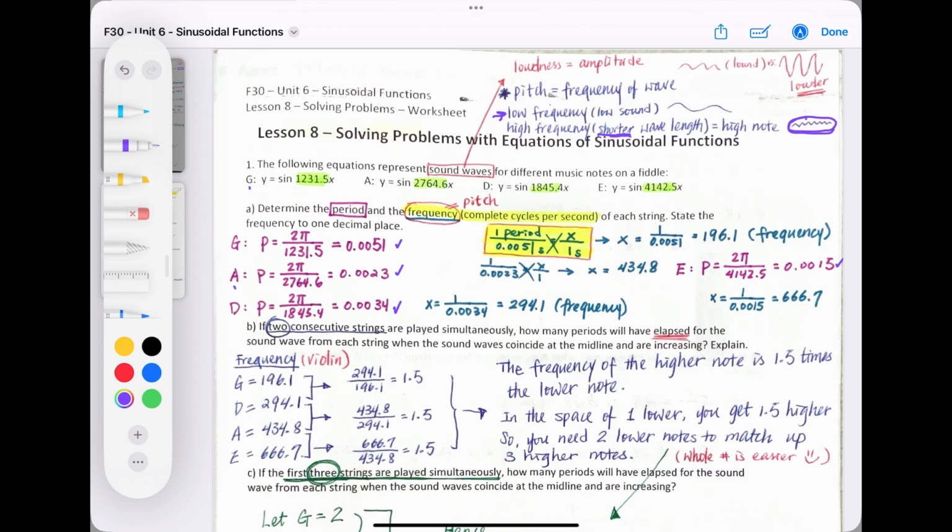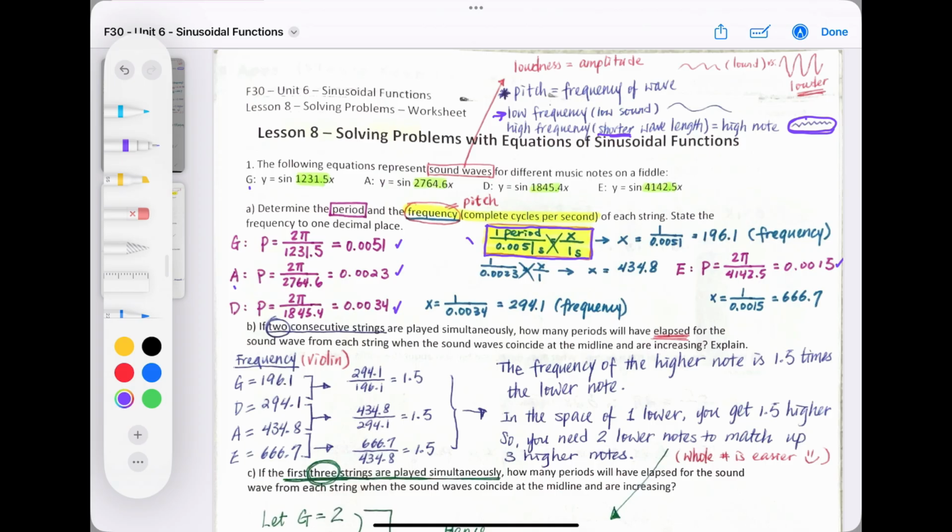Good. Now, for the music theory, you may say that the pitch, the frequency, means the number of cycles completed per second. So math people come in. We say it completes one cycle per second, so 1 second, 1 period.